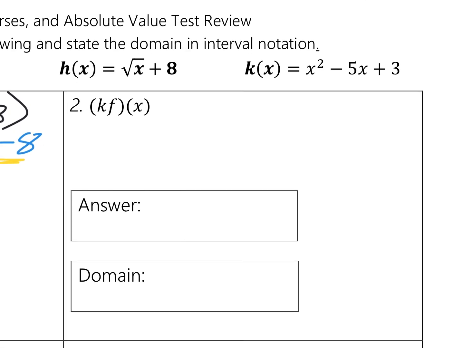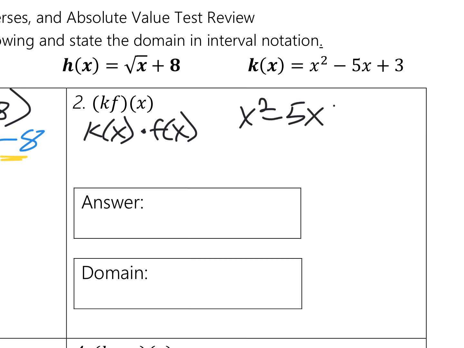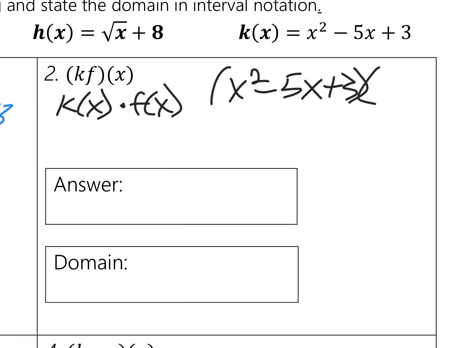All right, so for this one, we have k times f of x, or another way of writing that out is k of x times f of x, okay? So our k of x is x squared minus 5x plus 3, and they're multiplying all of that times f of x, and f of x is 7x minus 9.